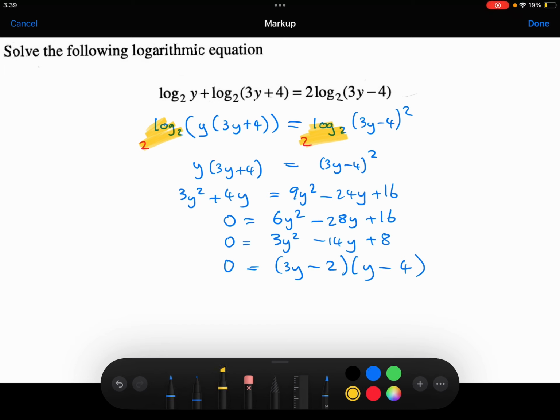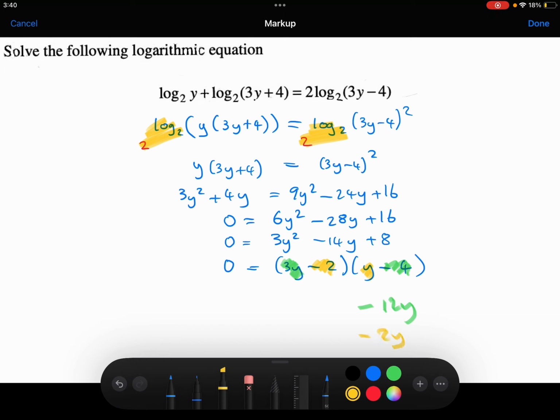Like so, because the 3y times the y gives 3y squared. The minus 2 times the minus 4 gives plus 8. And then checking the middle term, the 3y times the minus 4 gives minus 12y. The 2y times the minus 2 times the y gives minus 2y.